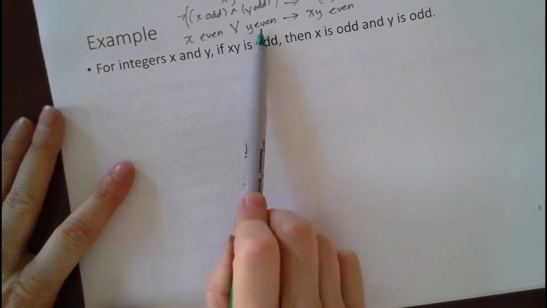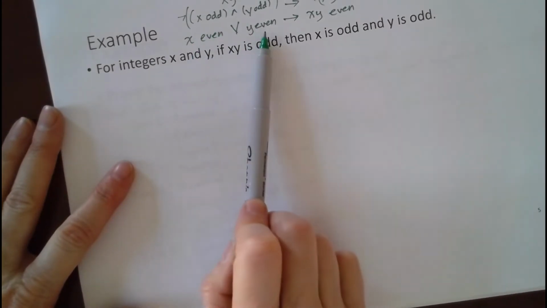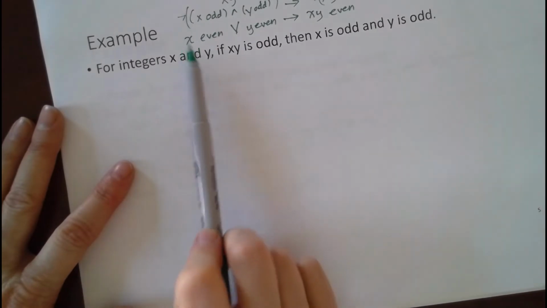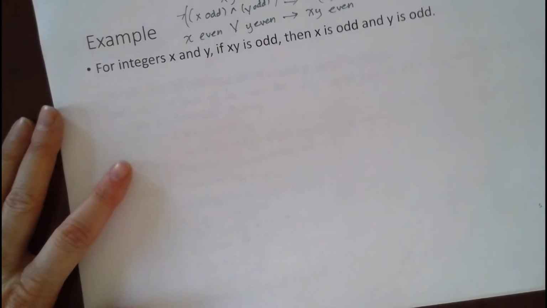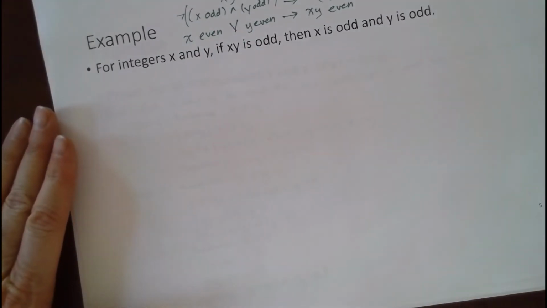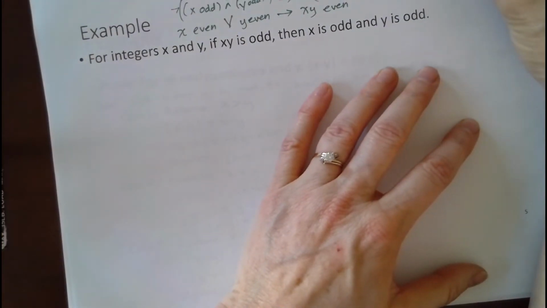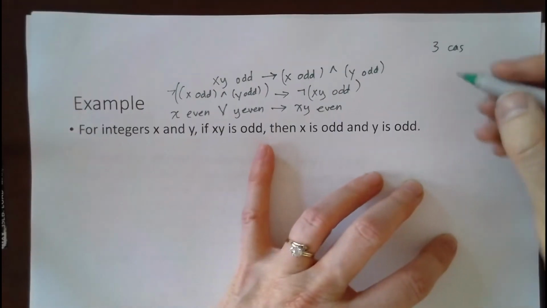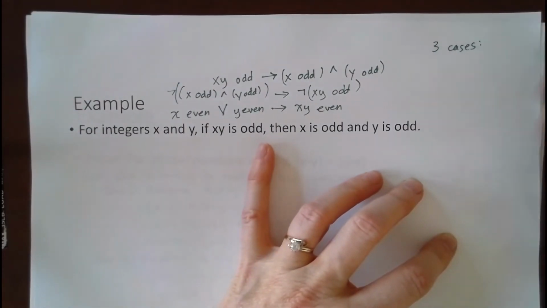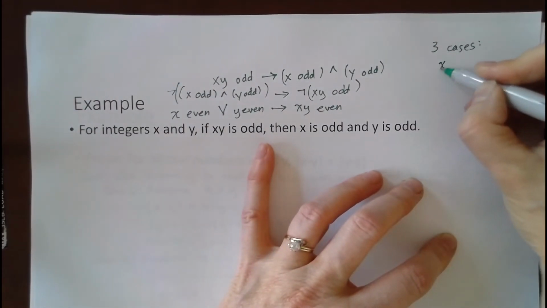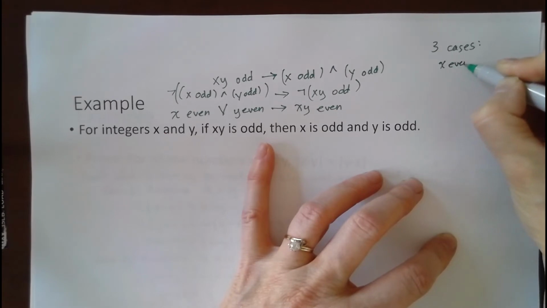Let's say they're both true, or one of them is true and one of them is false, or the first one is false and the second one is true. Okay. So let me write those out. We're doing a little bit of work on the side. So we could have x is even and y is even.